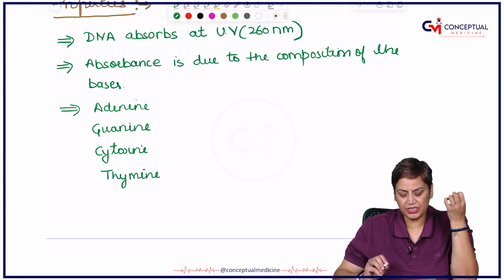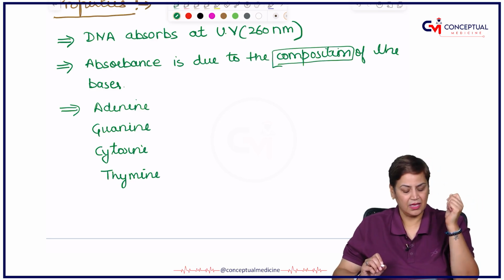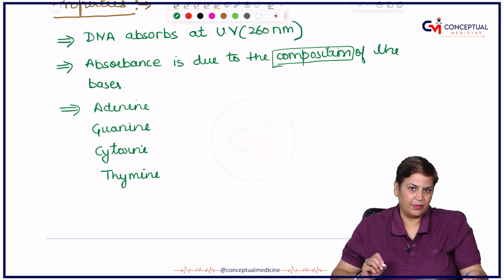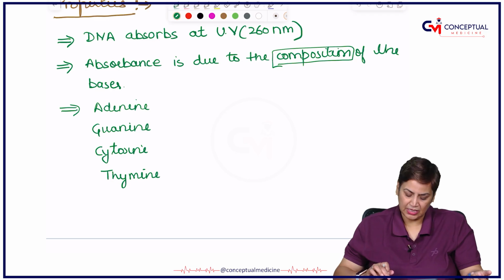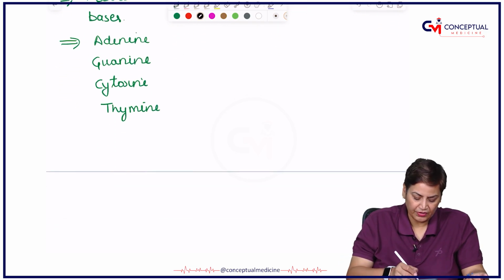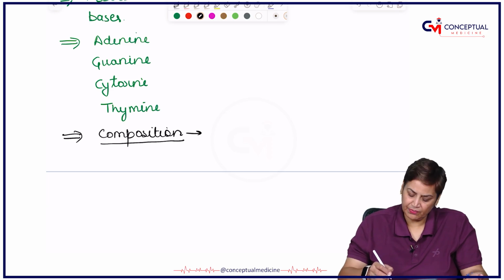Now the question is what is the composition, because I have mentioned here about the composition of the bases, in what proportion they are present. So this composition was given by a scientist, and they were famous as his rules. So the composition of DNA is given by him.